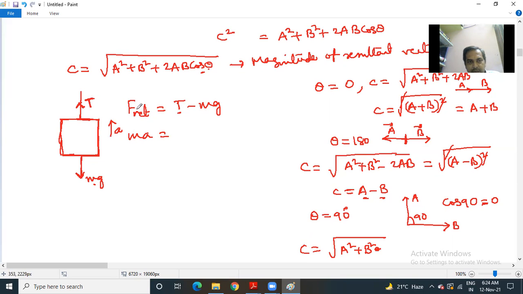So tension greater means net will be present, T minus mg. Suppose in the same concept, if the lift is coming downwards, now mg will be the applied force. It is opposed by tension. So now mg provides acceleration to the lift. So therefore this is the application of parallelogram only.